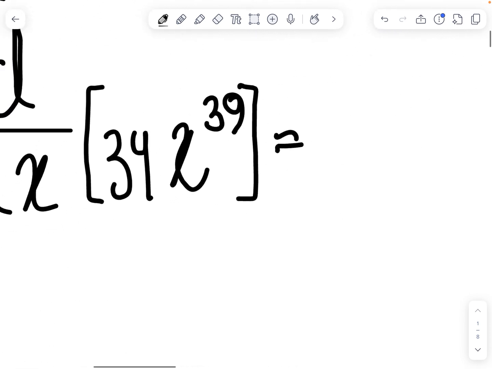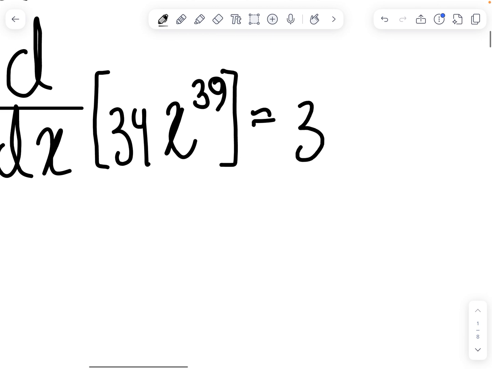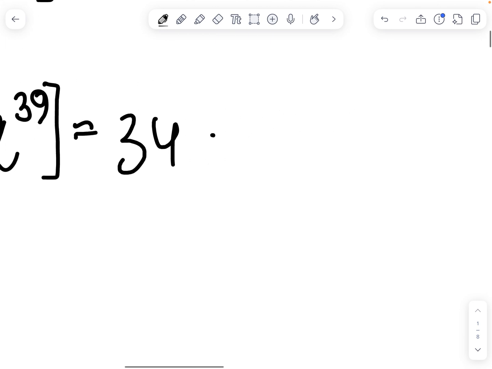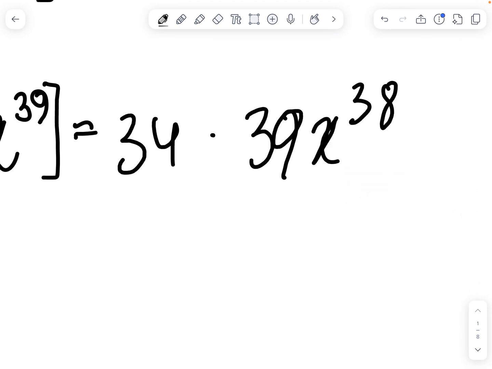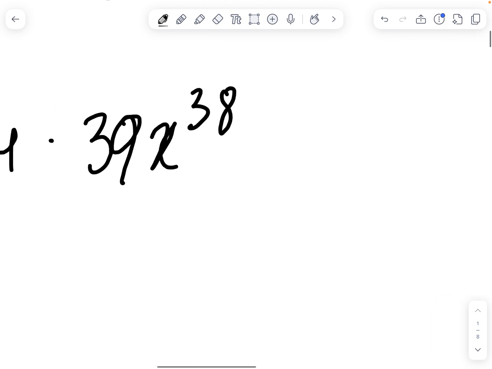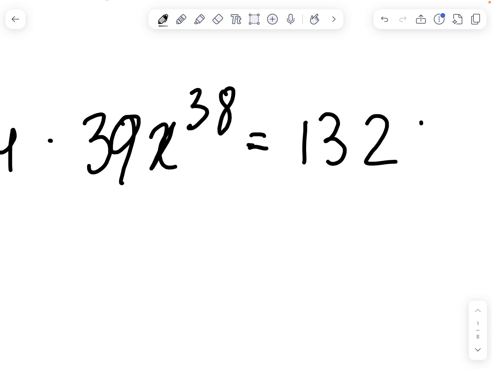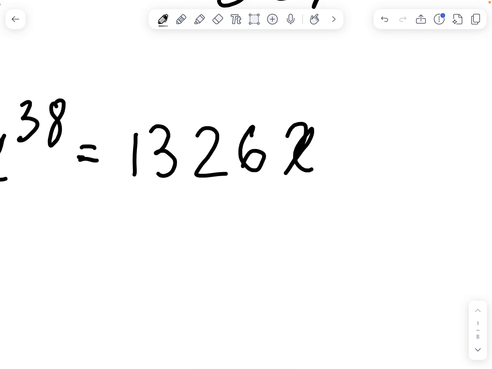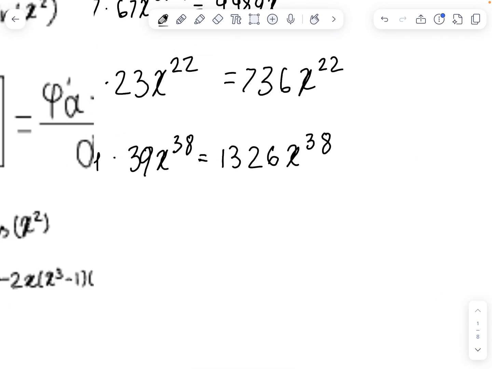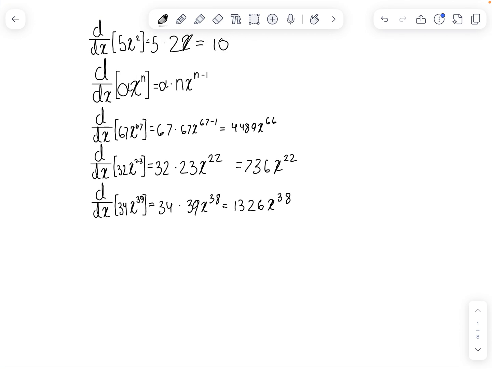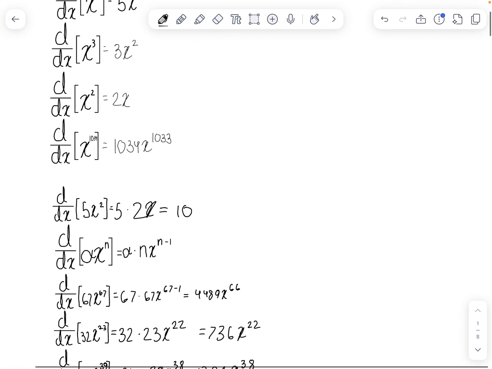And then finally, 34 times 39x to the power of 38, which is 1326x to the power of 38. Those are some derivatives with coefficients.